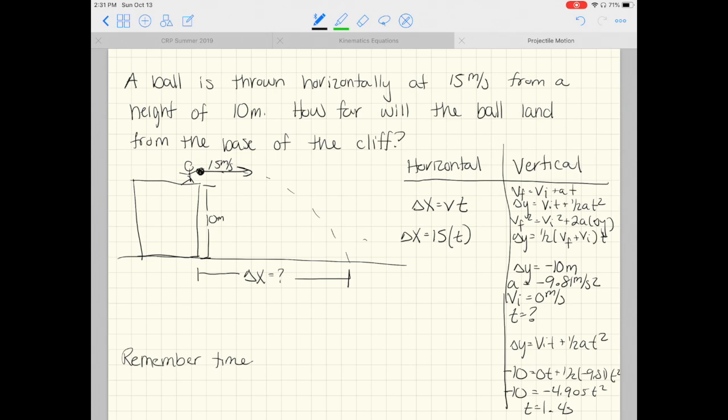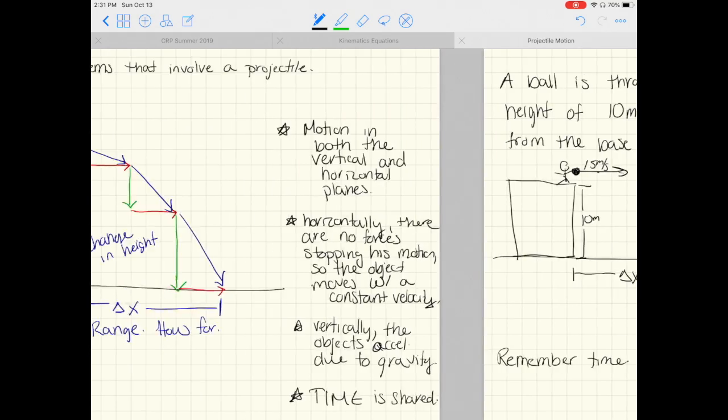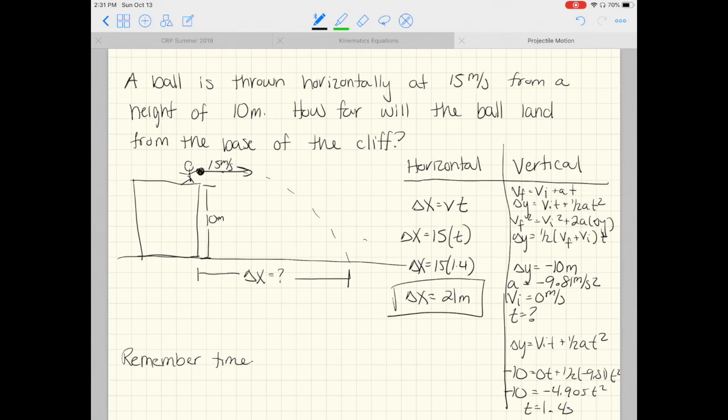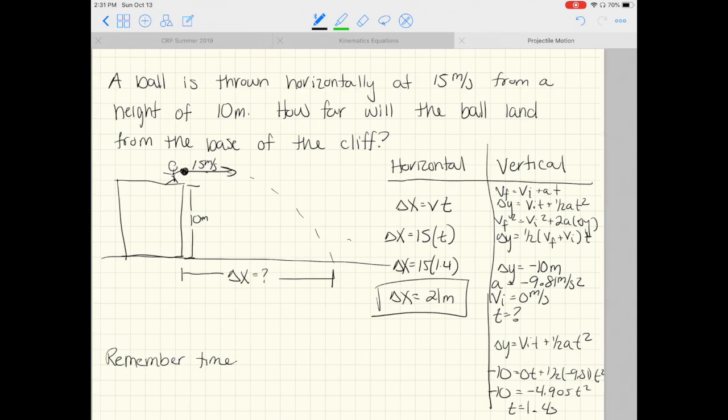Now I know the time is 1.4 seconds, so I could plug the time into here, and I get that my horizontal range is 21 meters. So my ball will fall 10, but travel a total horizontal distance of 21 meters. And that's how we solve a horizontal launch problem. Let's try another one.